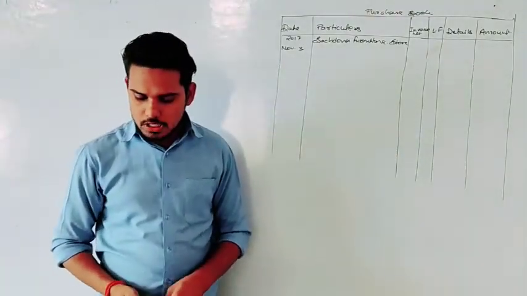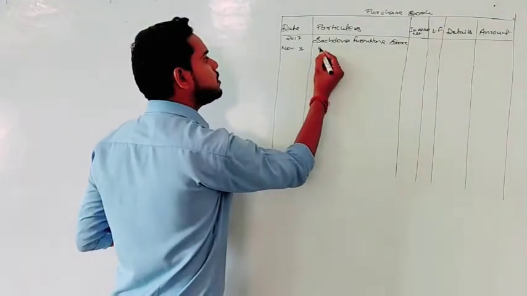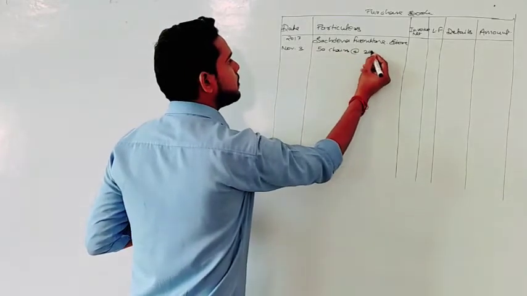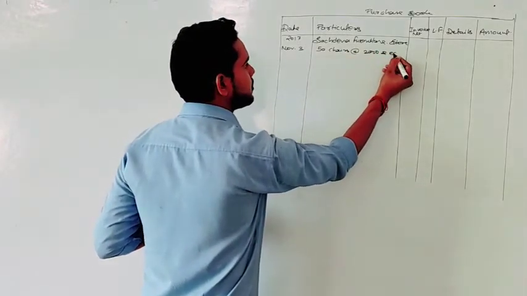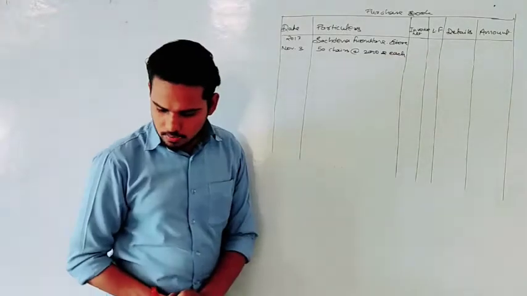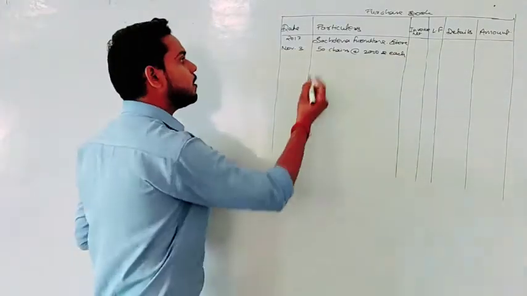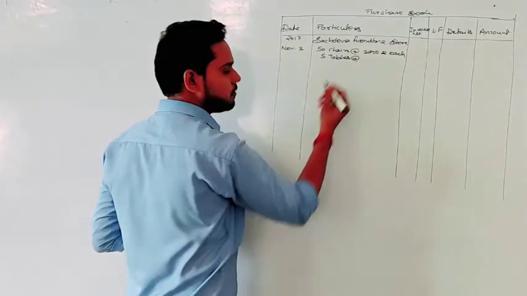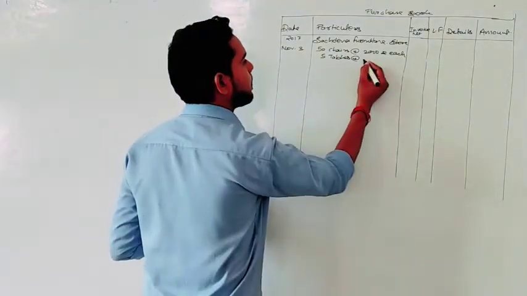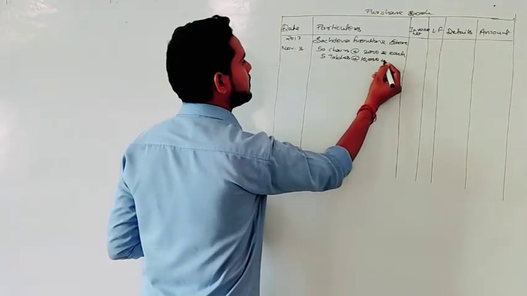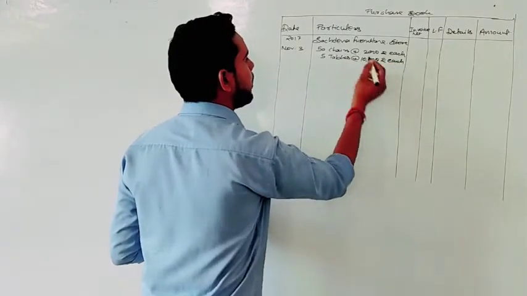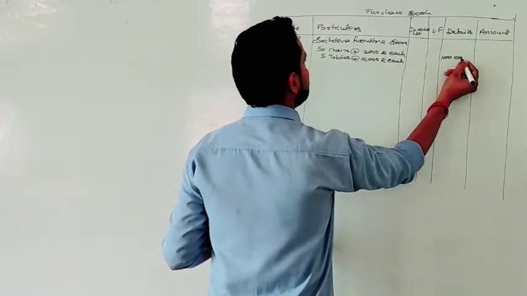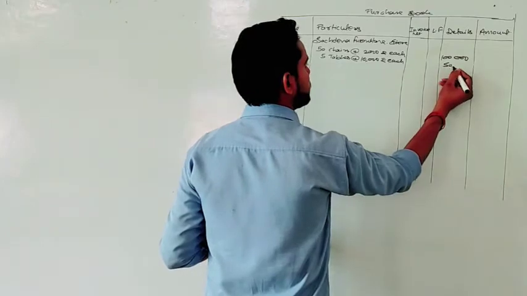So the first thing that you purchase is 50 chairs at the rate of 2000 each. So write the details of the transaction, 50 chairs at the rate of 2000 rupees each, right? And next we have purchased 5 tables at the rate of 10,000 rupees each. So this will be how much? 1 lakh. And this one? 50,000.